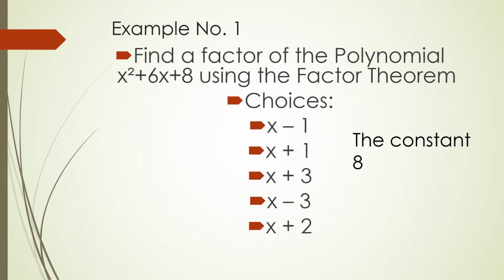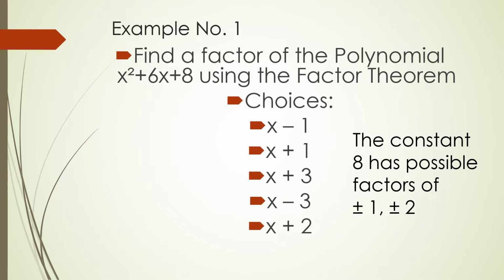The constant term is 8, and 8 has possible factors of positive negative 1, positive negative 2, positive negative 4. So if you're going to count all the possible factors, there are 6.